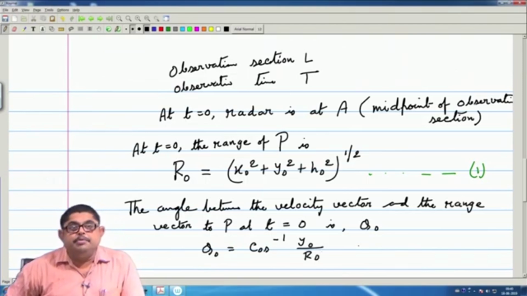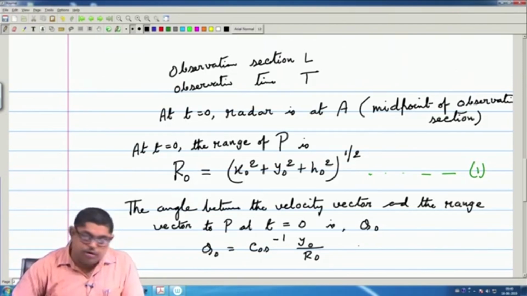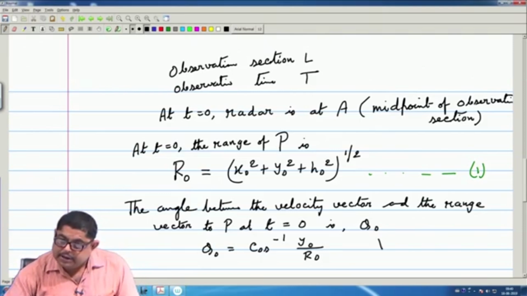Now, in radar people call this theta naught a squint angle.